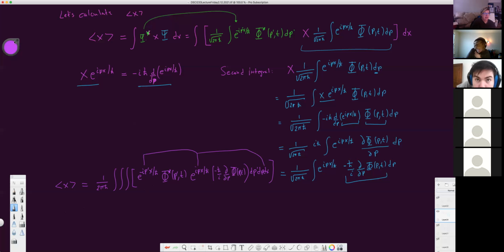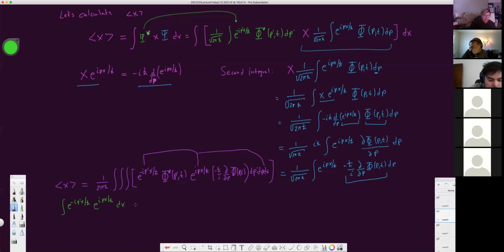So the x integral by itself, I'm going to have here in green. So the x integral is the integral e to the minus i p prime x over h bar, and then e to the i p x over h bar dx.